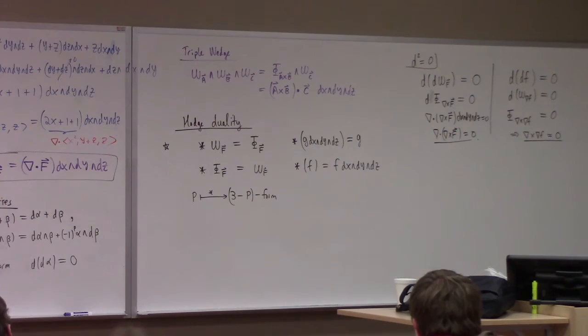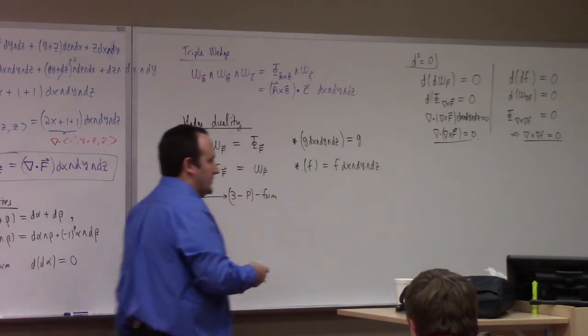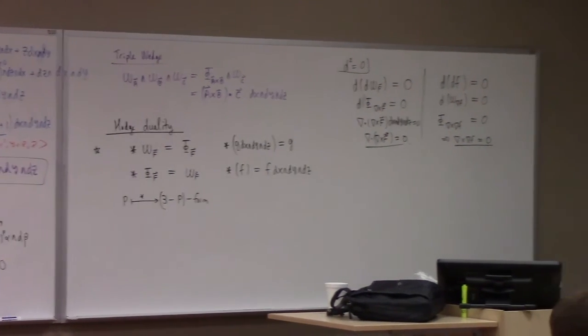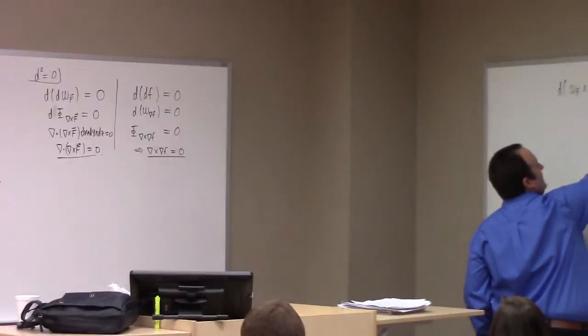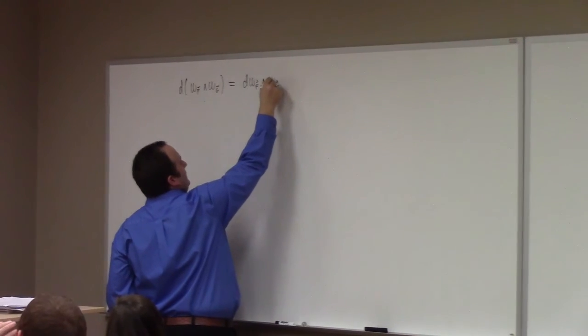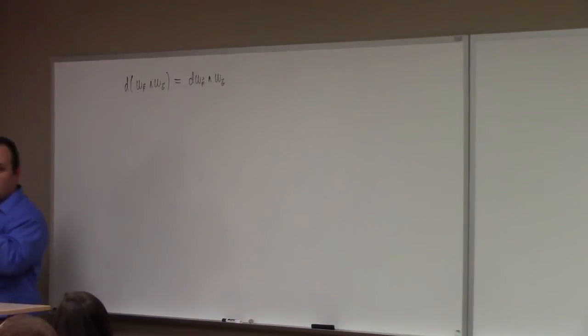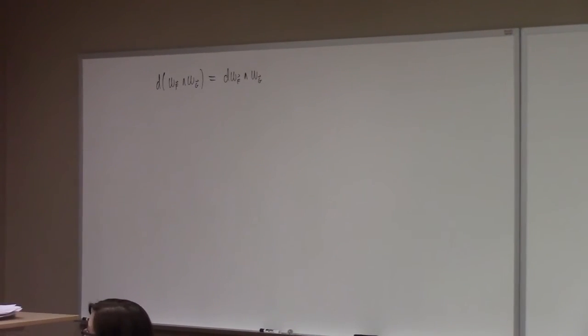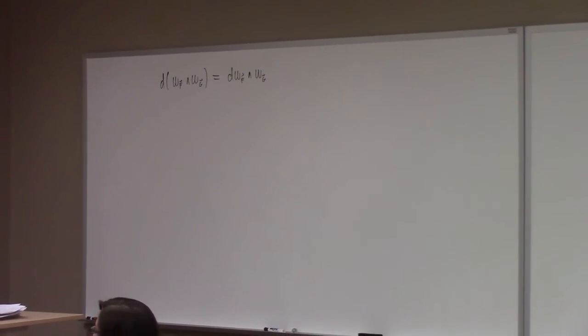There are other cool things, like if you examine the Leibniz rule for just a second here, so d of omega f wedge omega g is going to be d omega f wedge omega g, and then minus 1 to the p, where omega is a what form? p equals 1.